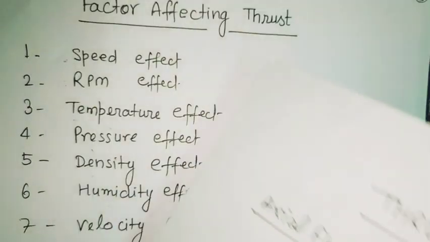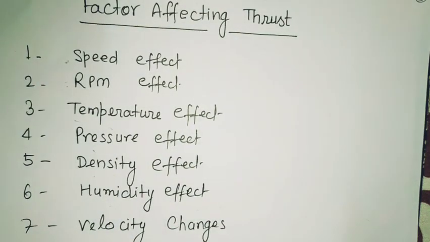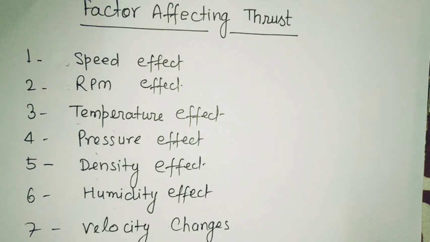Now you can see what are the factors which affect the thrust in a jet engine. First of all, this is the speed effect. What is the speed effect? Increasing the forward speed of the aircraft will decrease the thrust.